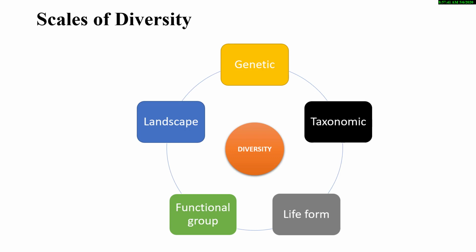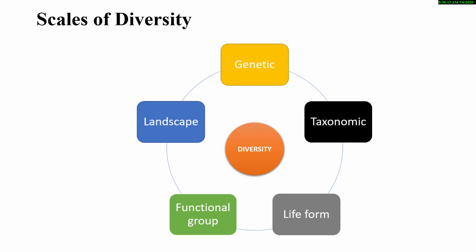The next is scales of diversity. There are varieties of scales in which diversity can be considered. We can consider diversity in terms of genetic, taxonomic, life forms, functional groups, and landscape. What do you mean by genetics?